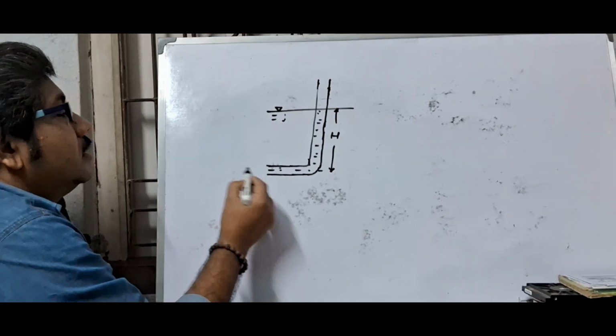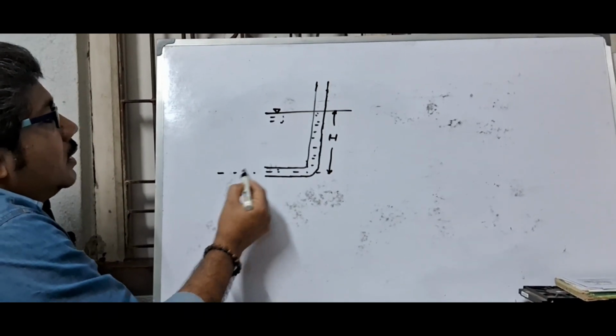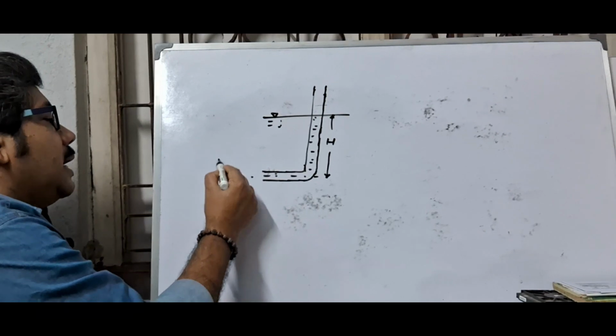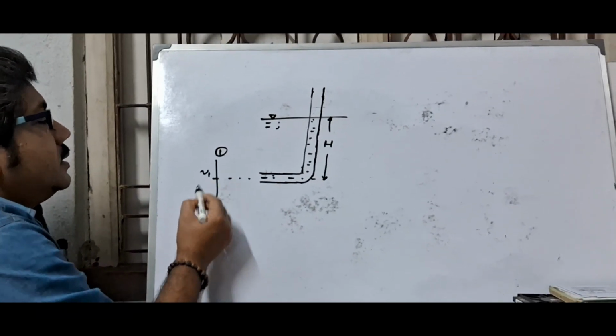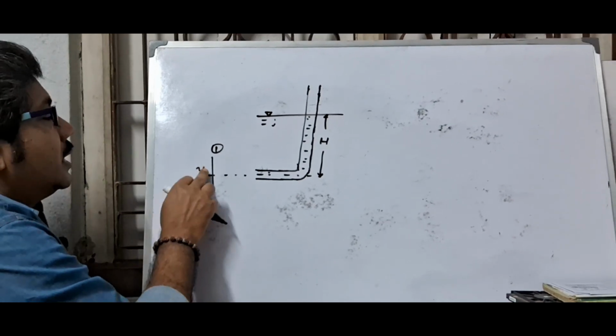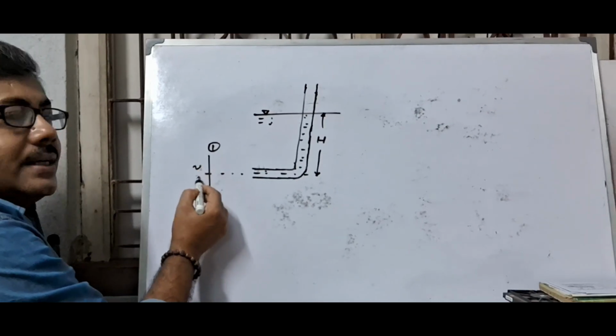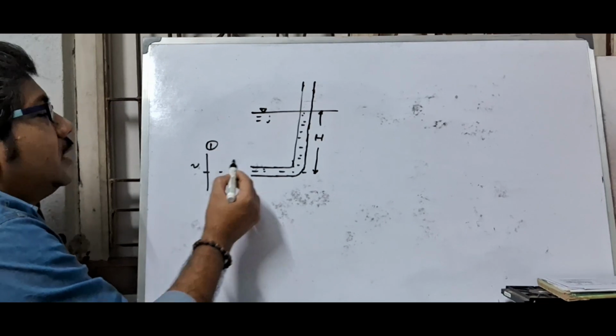And when liquid at one section, here the velocity V, so here kinetic energy half mv square.